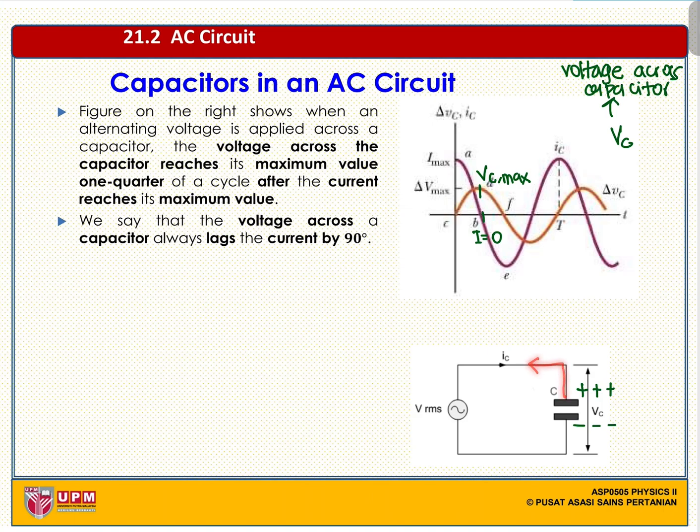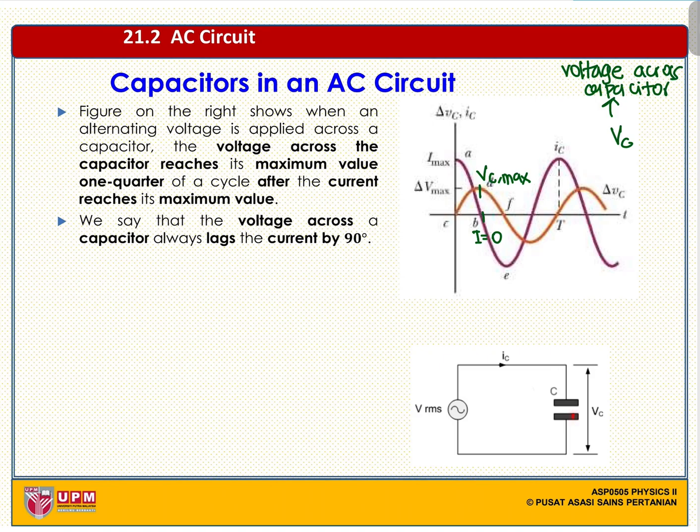Then, when the current reaches 0, your current will change direction. When your current changes direction, this positive charge will flow back to here. So your voltage across the capacitor will become zero again. That means there is no charge between the capacitor.